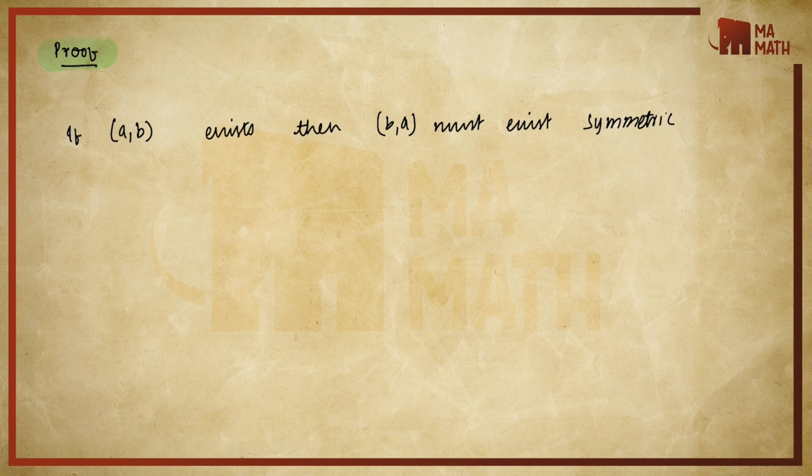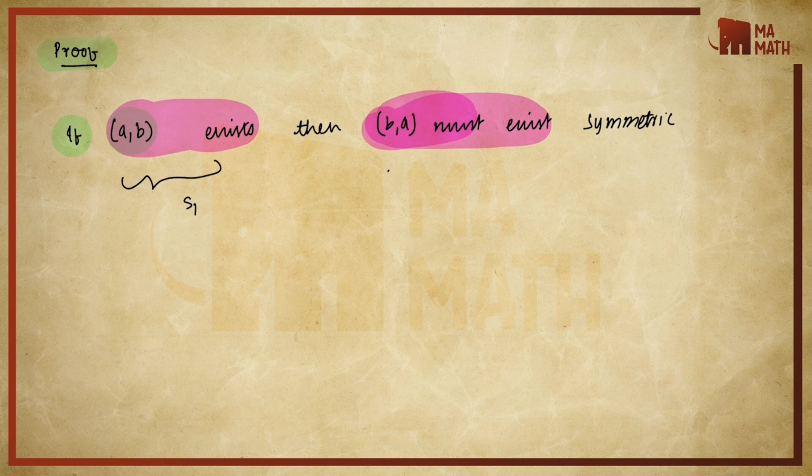Now they are saying if (A, B) exists, then (B, A) must exist, so we have two statements here. Let's say this is statement 1 and this is statement 2. Now we understand that statement 1 is false for a null relation, and similarly statement 2 is also false because in a null relation there are no elements.